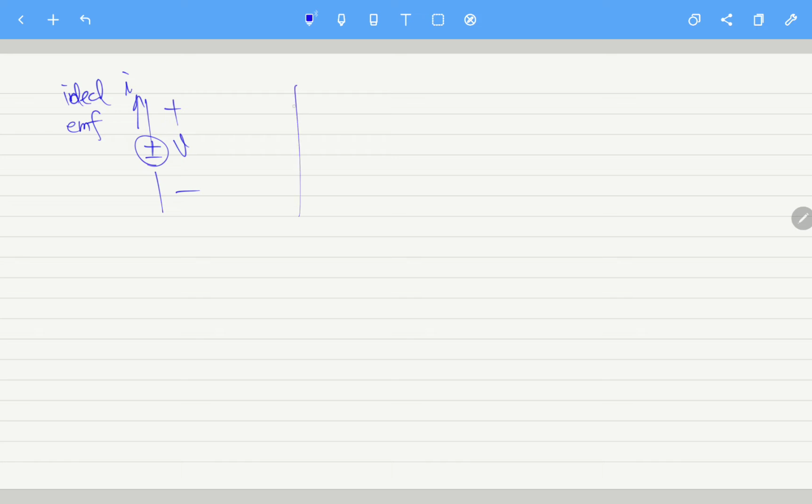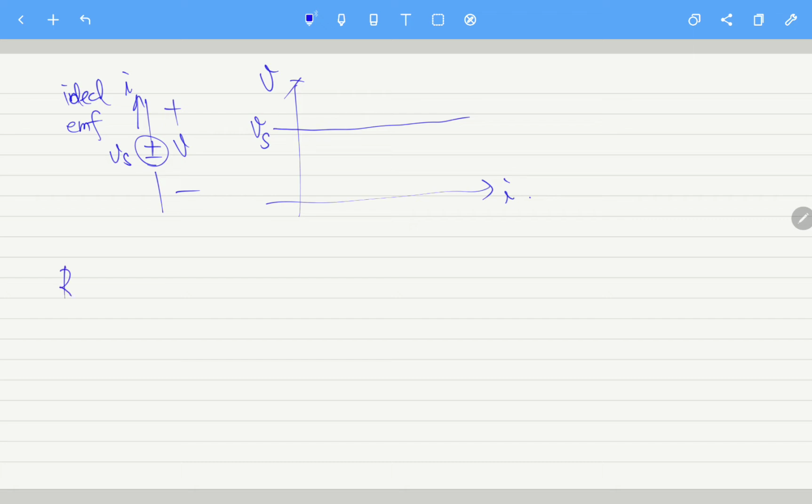If we draw this out, with the x-axis the current and the y-axis the voltage, then in this case the line should be a horizontal line, which means it does not depend on the current. We have a fixed voltage across this ideal EMF, Vs. Sorry, the axis should be V, and this is Vs, something like that.